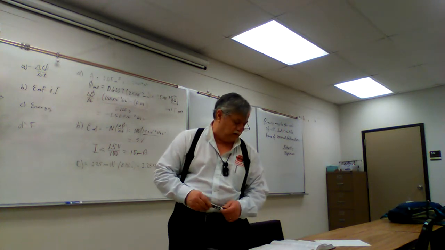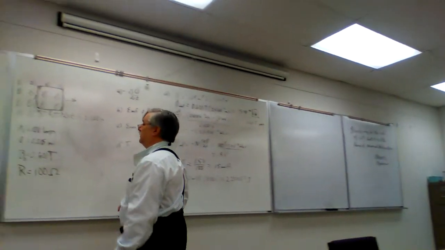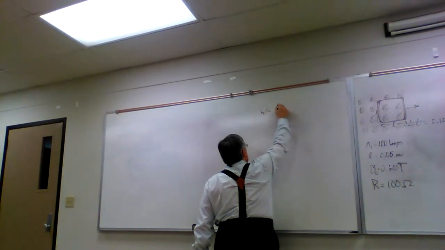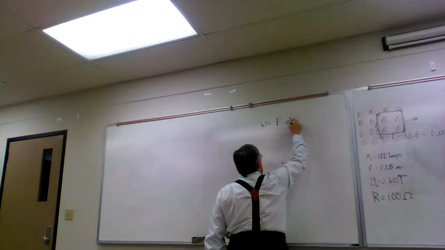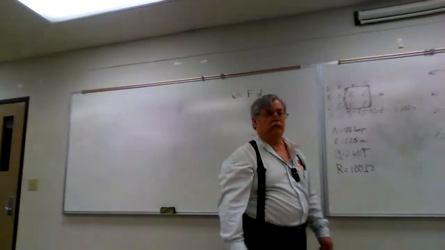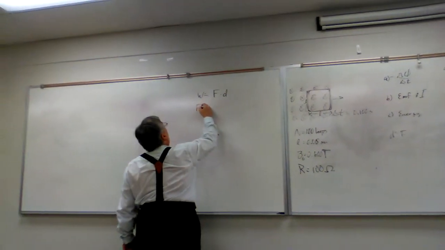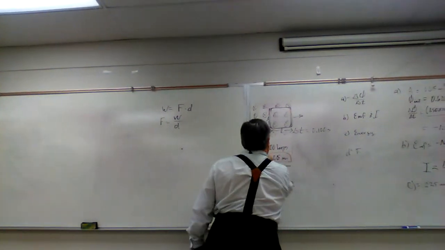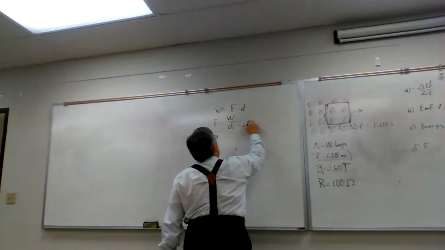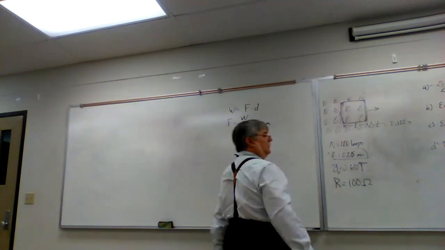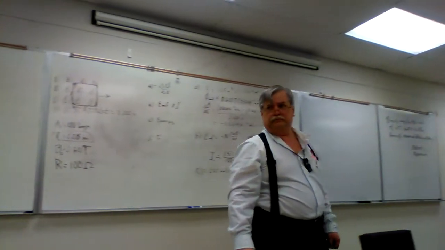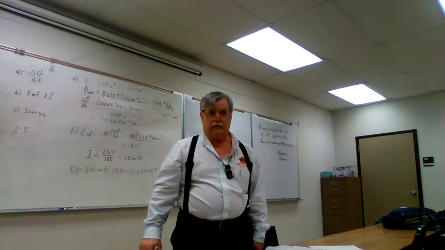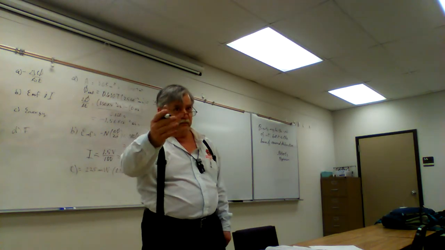So, force, what is the total work? Force times distance, right? So, force is equal to work divided by distance. We know the distance was 0.05 meters. How much work was done? 2.25 joules.